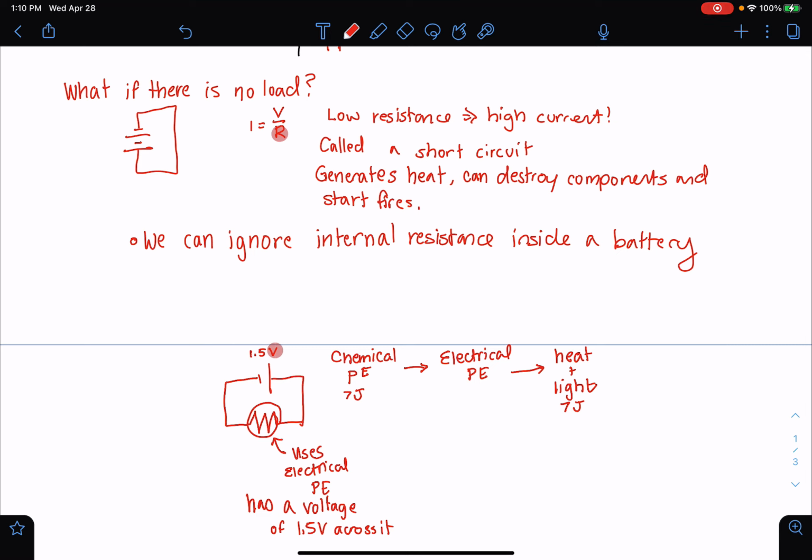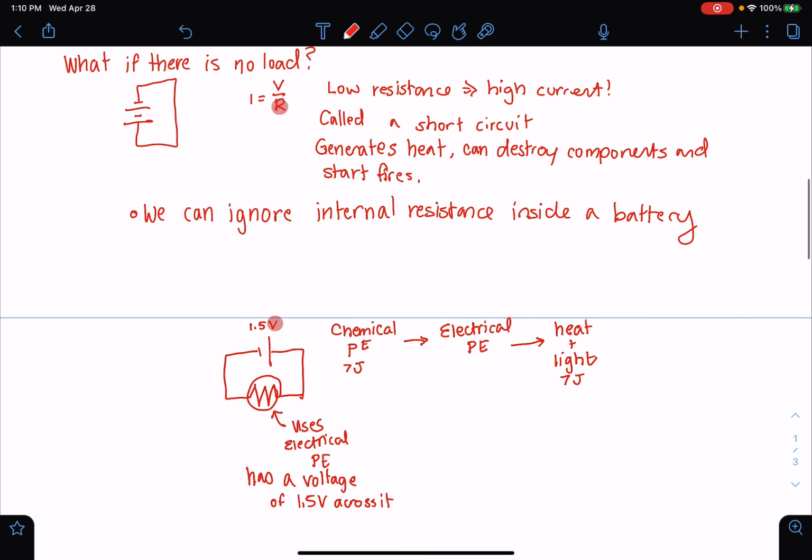And that's just because energy is conserved. So I know that if it is also dealing with 7 joules of energy, and because voltage is a measure of potential energy in a way, it has to have the same voltage as well. So if you know the voltage of your battery and you have a simple circuit like this, then you also know the voltage across your component, okay?